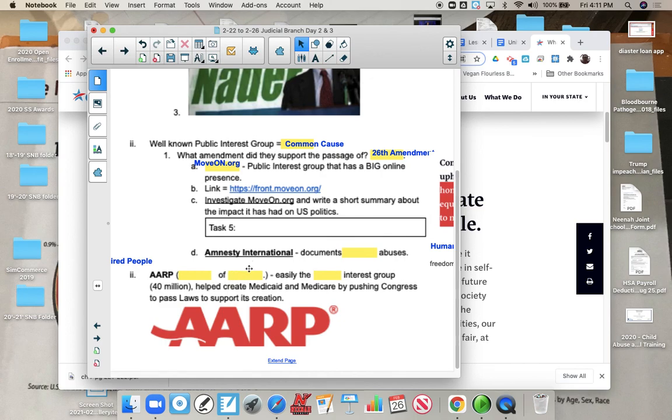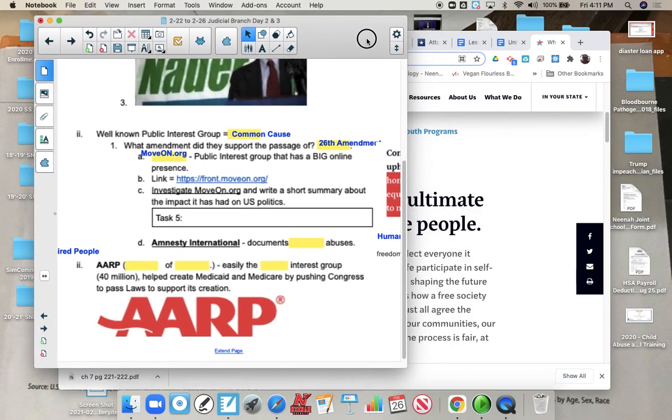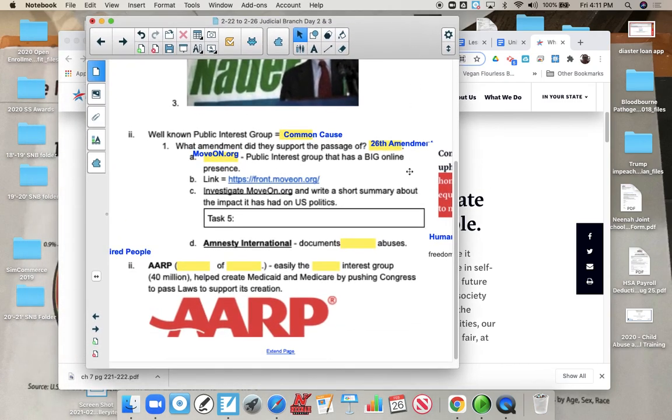All right, point D, now that you're back, is Amnesty International. What does amnesty mean? Amnesty means basically protection, your ability to go and find a better, safe place to live. Amnesty International works for greater human rights, and they document human rights abuses.